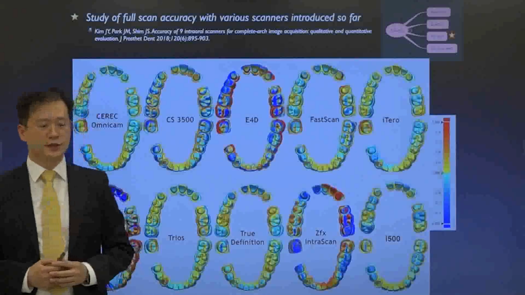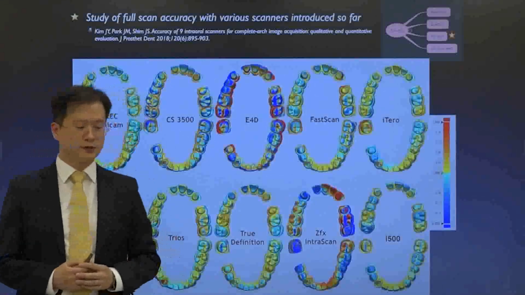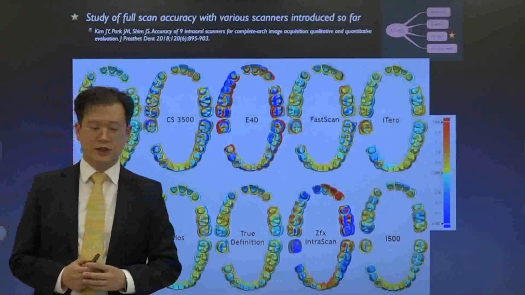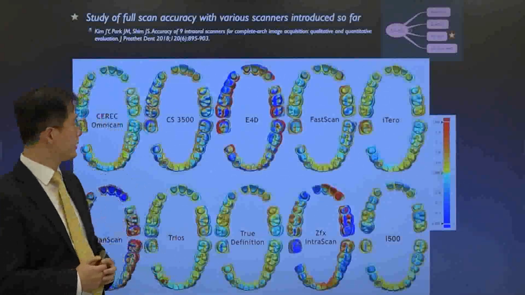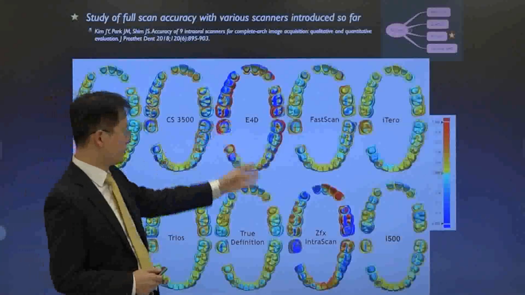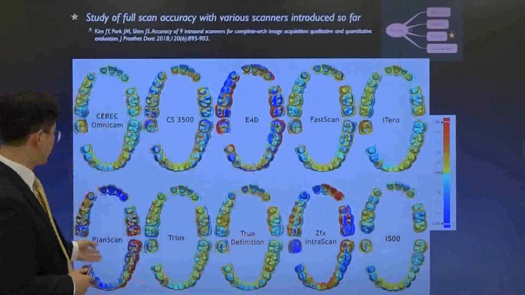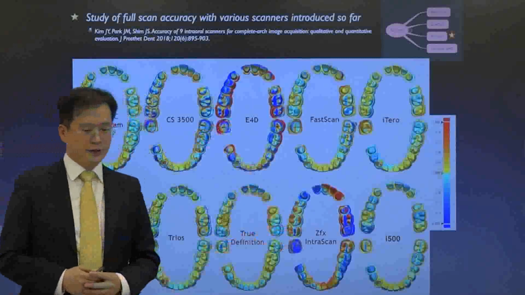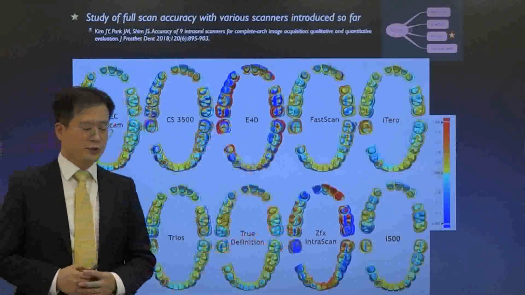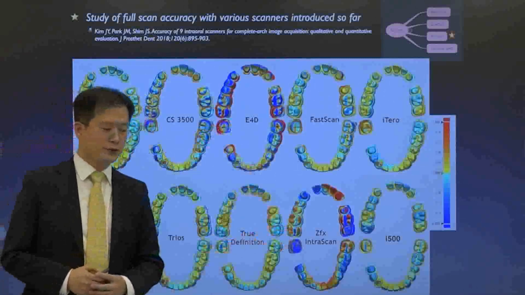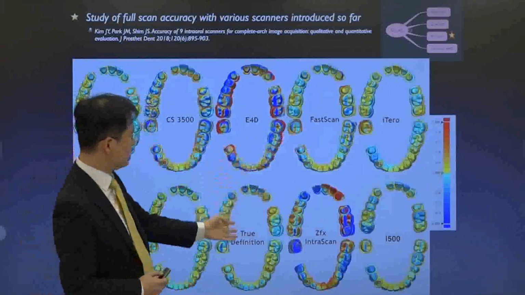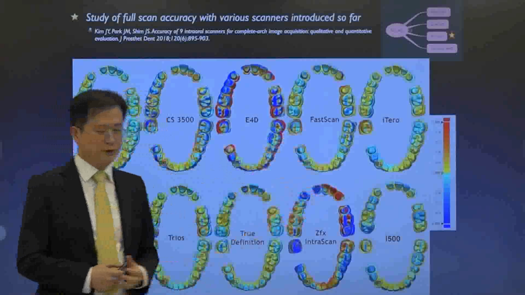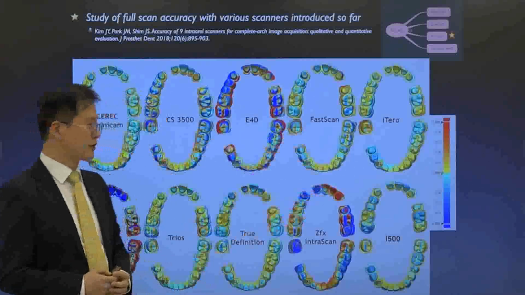The difference in data accuracy is noticeable in full arch scans made from old intraoral scanner systems, such as E4D, IOS, and Plan Scan. However, the recently updated Trios, True Definition, iTero and i500 are showing good accuracy.